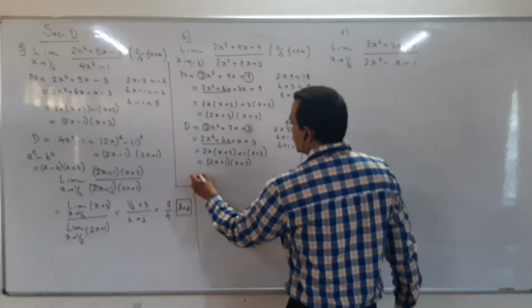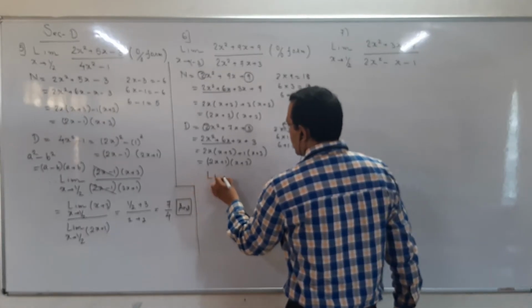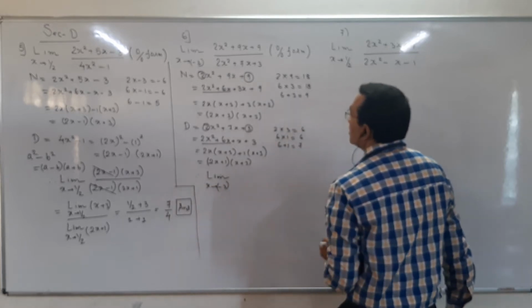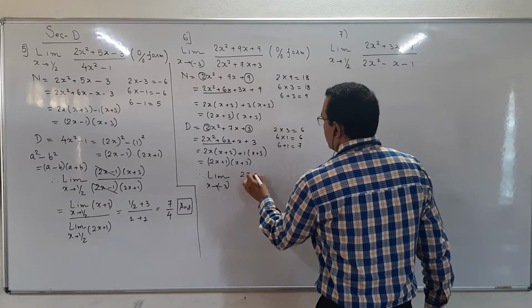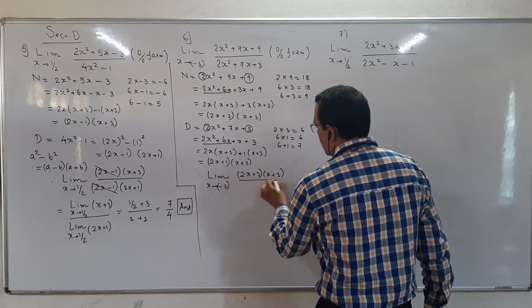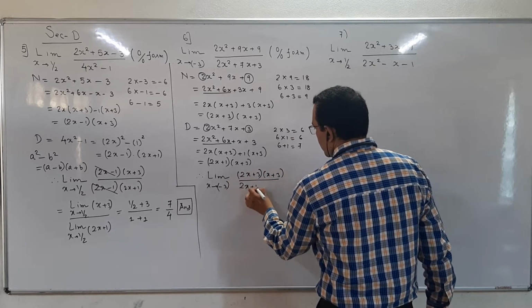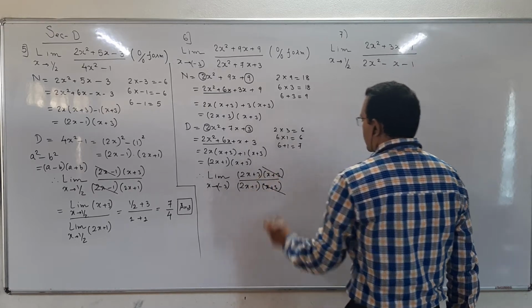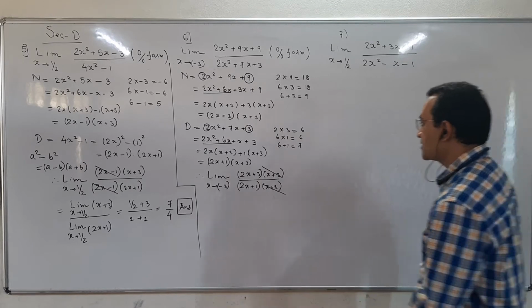So the limit changes to limit x tends to minus 3. Factors are 2x plus 3 into x plus 3 upon 2x plus 1 into x plus 3. x plus 3 and x plus 3 get cancelled.